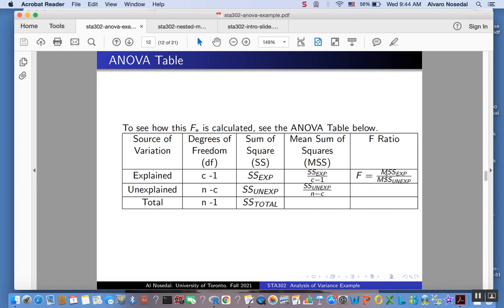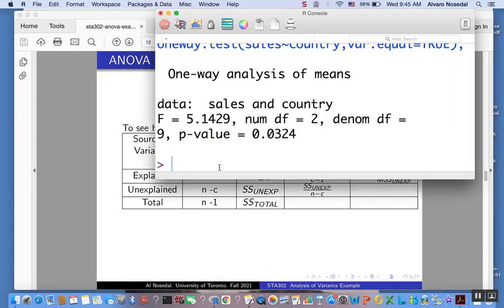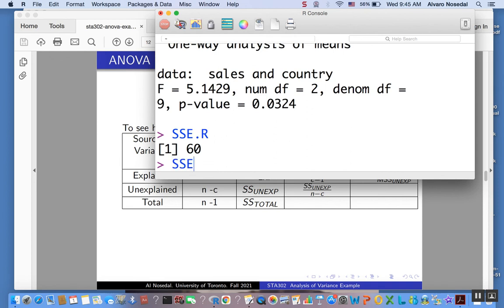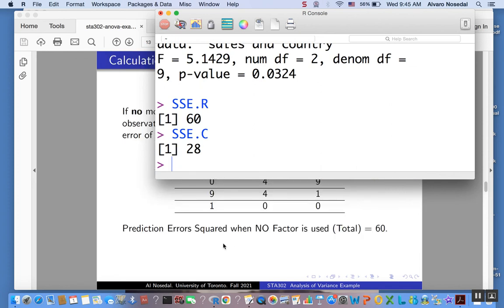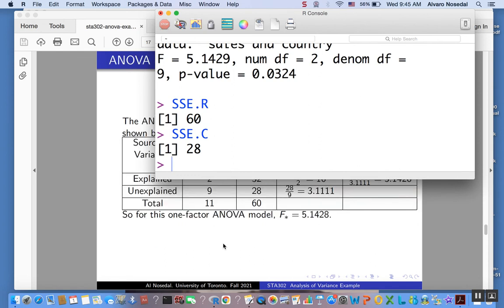But the way that we can think about it, given what we have done together, is that what you have to do is just find the sum of squares for the reduced and the sum of squares for the complete model. The sum of squares for the reduced, which is always bigger or equal to the other, is the one that we have as the sum of squares total in the ANOVA table.